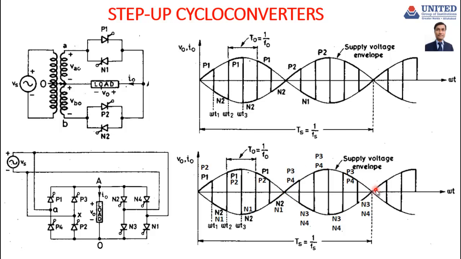In this manner, high frequency turning on and force commutation of the pairs P1 P2, N1 N2 and the pairs P3 P4 and N3 N4 gives a carrier frequency modulated output voltage across the load terminals.